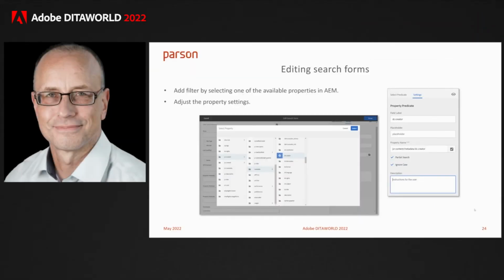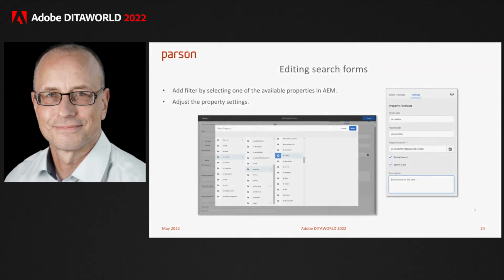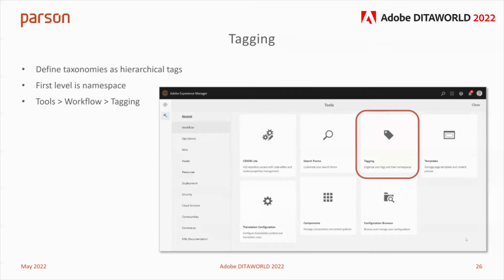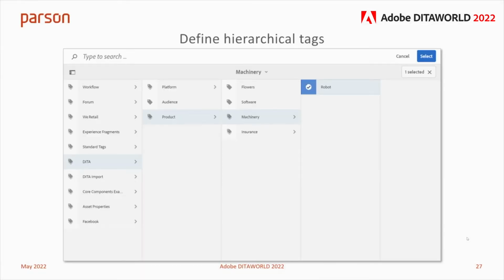We've already looked at tagging, how it is used, and in AEM, let's have a look at how tagging is managed and defined in the back end of AEM. You have the possibility to define your own taxonomies as hierarchical tags in AEM. When doing so, the first level is treated as a namespace, and then you can add as many hierarchical levels to your tags as you like.